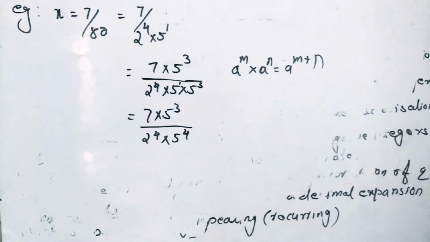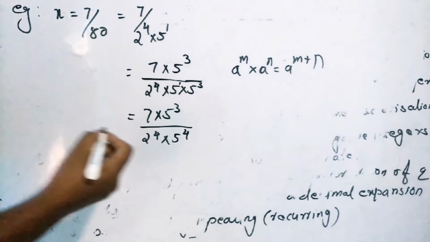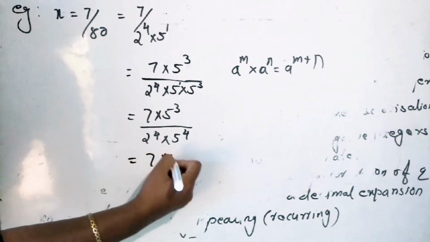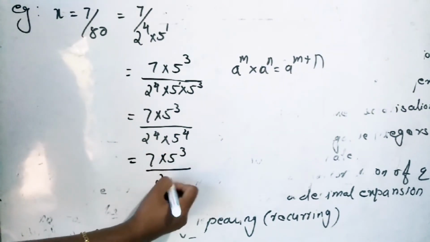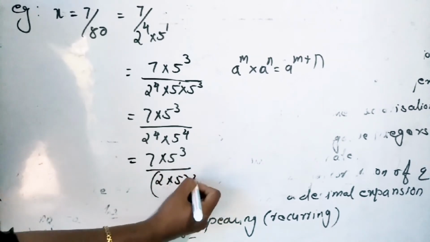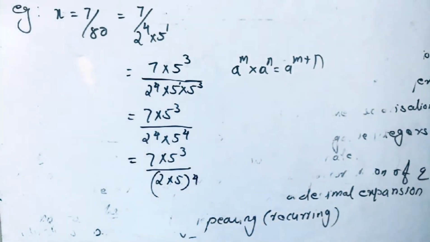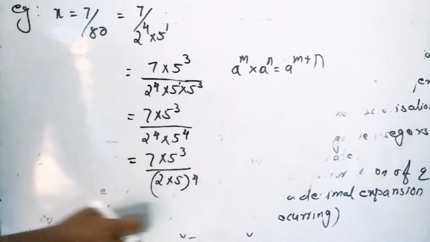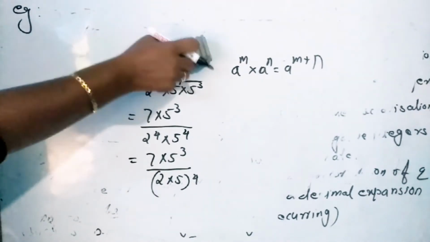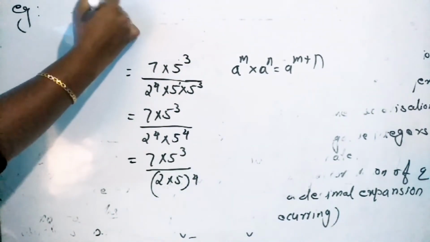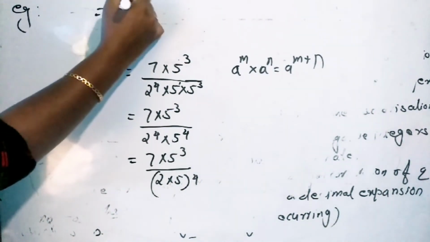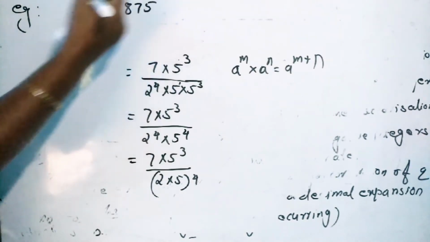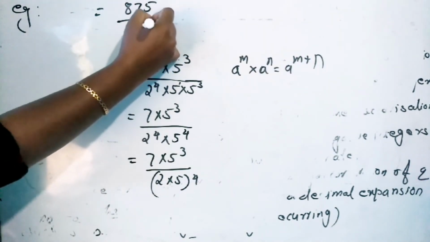Now just look at your denominator. We got 2 and 5 and the powers of 2 and 5 are equal. That means we can write it as 2 into 5 all raised to 4. 7 into 5 cube, we will get as 875 divided by 10 raised to 4.